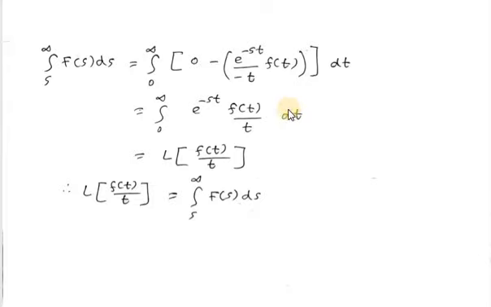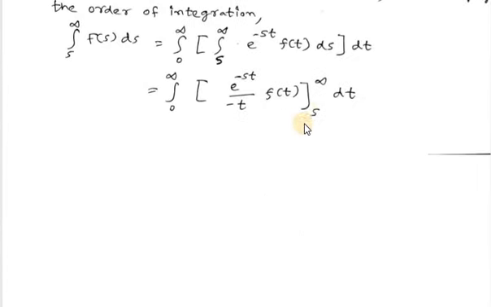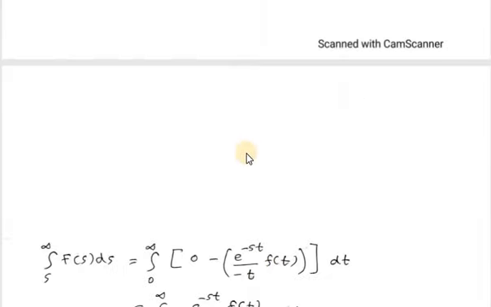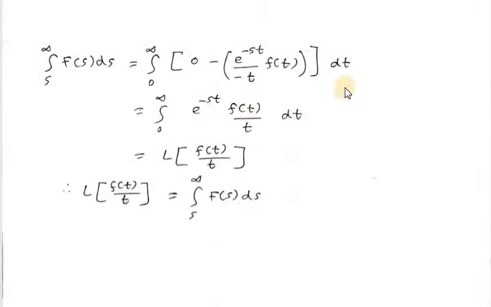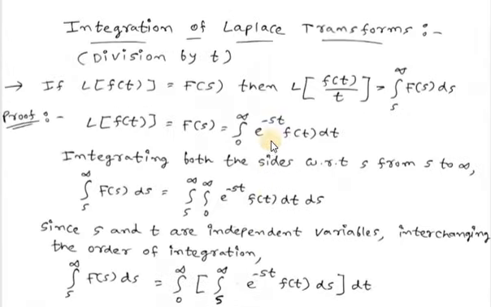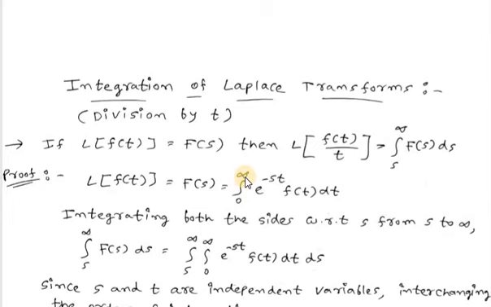Then after the minus sign, for the lower limit s, it will be e raised to minus st f of t by minus t, and dt will be as it is. Now minus minus will cancel out, so it will become integration from 0 to infinity e raised to minus st f of t by t dt.